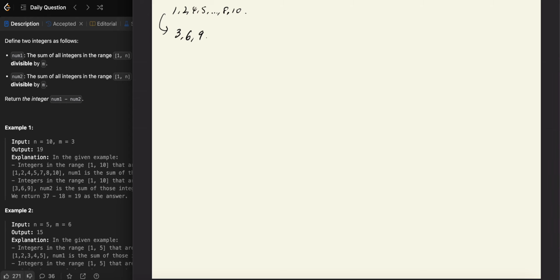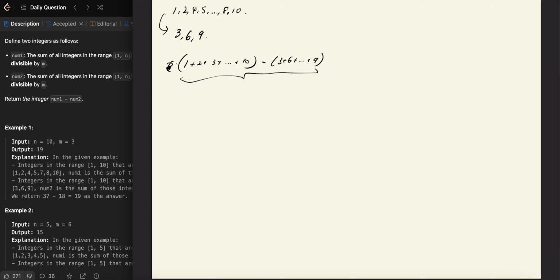But a quicker way is, if we know the sum from 1 to 10 quickly, so you add all of them, and then you minus, so you get rid of all the numbers divisible by 3, all the way to 9.